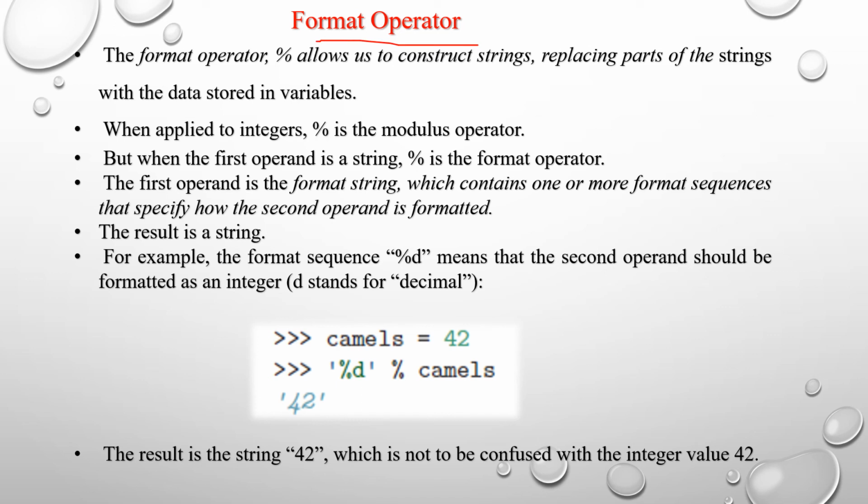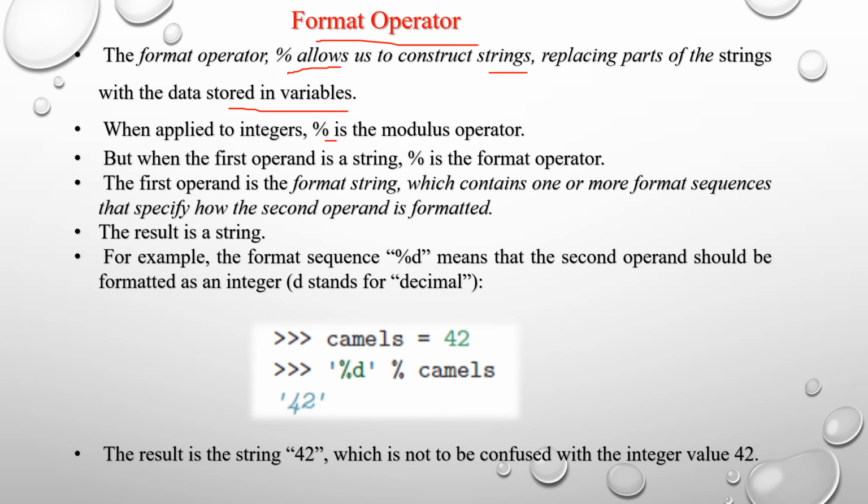A format operator, the percentage sign, is the symbol of the format operator. This allows us to construct a string by replacing part of the string with the data stored in variables. When applied to integers, the percentage is the modulus operator, so it will give the remainder of the values.